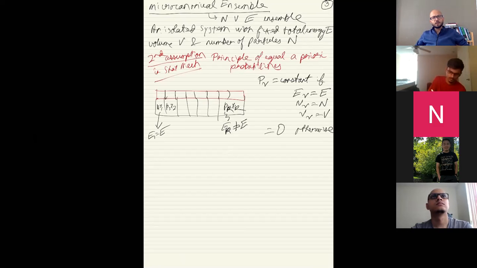So that's our first P nu for a microcanonical ensemble. It's really the simplest thing you can think of. All it's telling you is that if you don't know anything about a system, if you have no way of judging a system, you should not judge it.